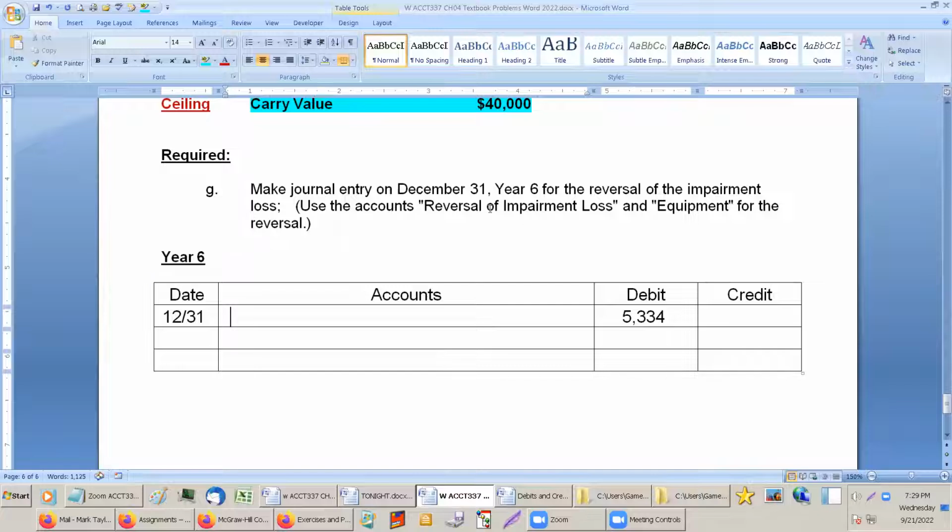Okay, so reversal of impairment loss. Oops, scratch that. The equipment's gonna be the debit. We're gonna write up the equipment by this. And reversal of impairment loss. This is sort of like a gain.